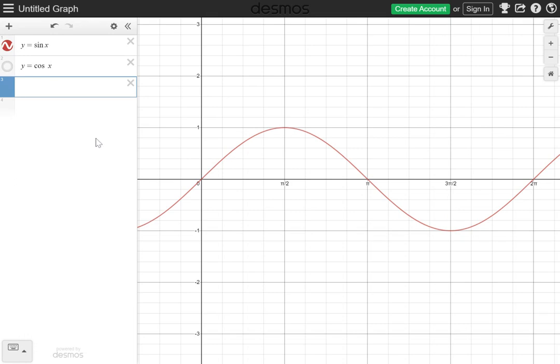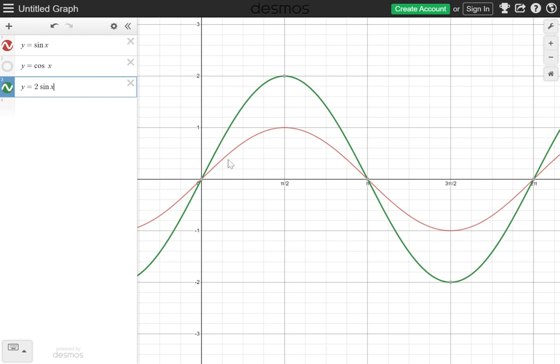Now, if we want to change it, we can simply do a vertical stretch. So if you think of all the other functions we've done, you multiply by something. So if I say 2 times the sine of x, we have now made the amplitude 2. So from this midline, it goes up 2 units. It's now twice as tall as the sine wave. If we go in the lower direction, it's still twice as tall.